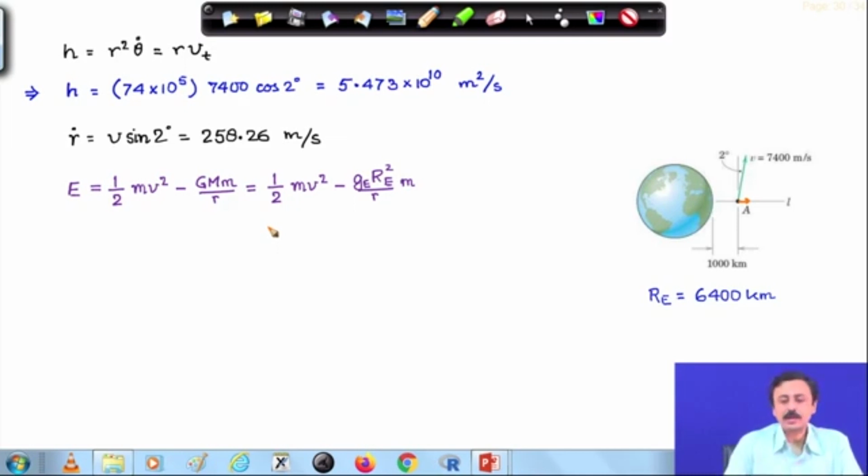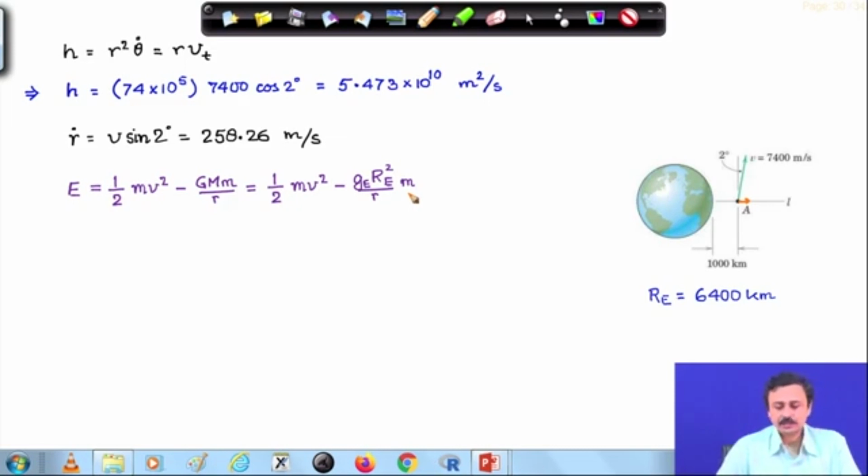Now, this velocity square is nothing but this v square, 7400 whole square, half times mass times v square minus G M m by r. This is the total mechanical energy of the system, and G M can be replaced as g R square, the acceleration due to gravity on the surface of the earth, times radius of the earth square.